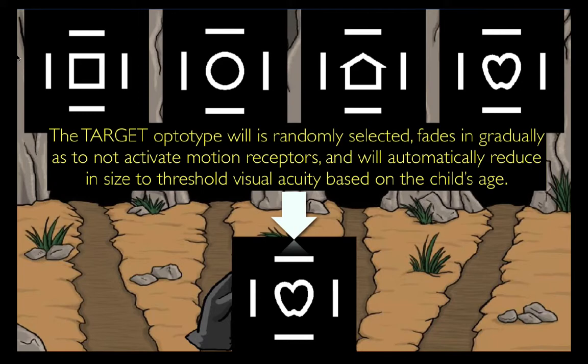We also do something that is extraordinarily unique, and that is that we fade the target optotype in gradually. We do that because we don't want to activate the motion receptors inside the child's eyes and give basically false imagery, which the child can then use to discern the shape correctly and artificially pass the test.